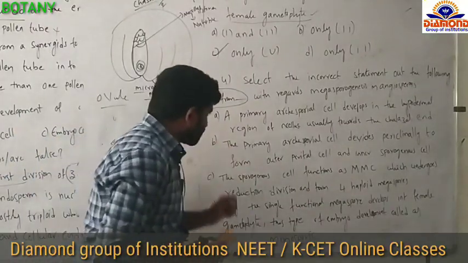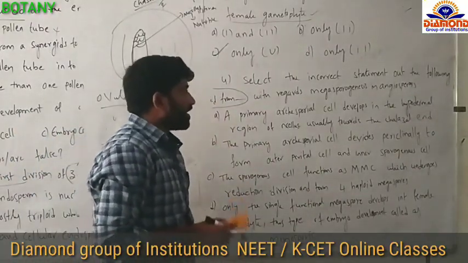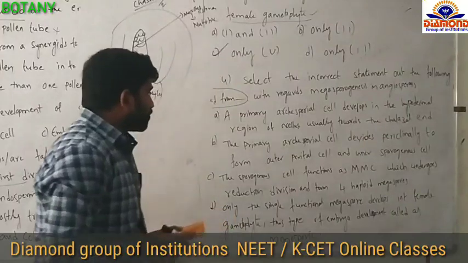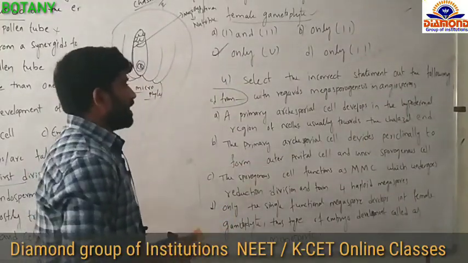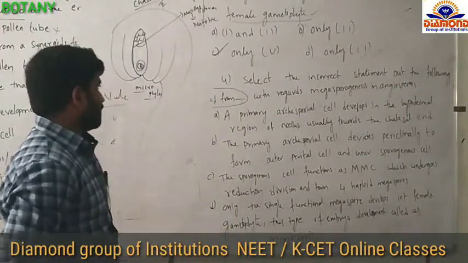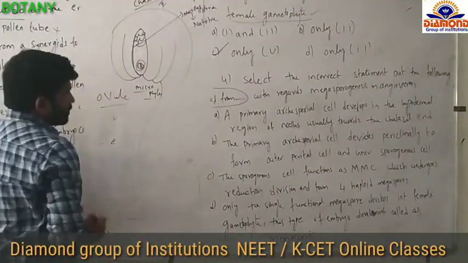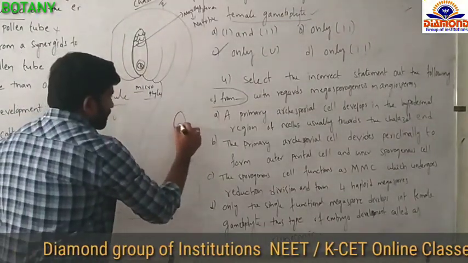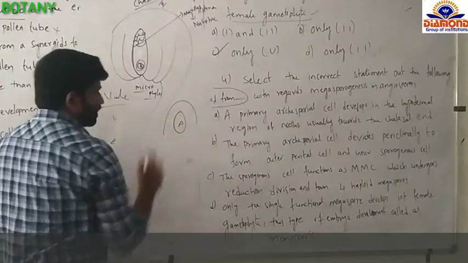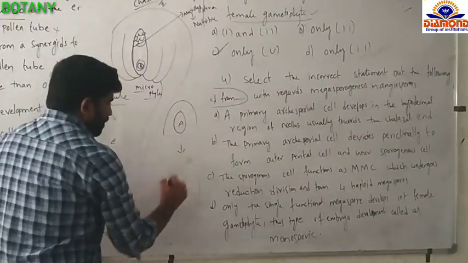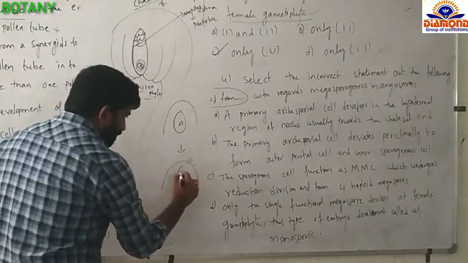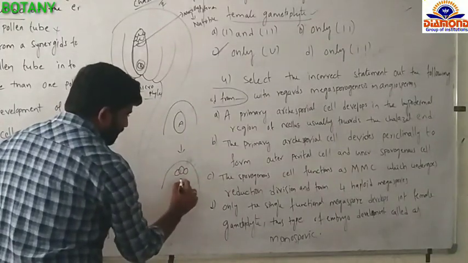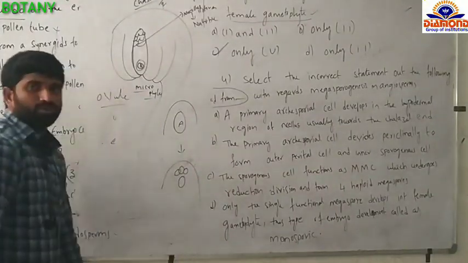Option B: the primary archesporial cell divides periclinally to form an outer parietal cell and an inner sporogenous cell. This is the archesporial cell. It can divide and form outer parietal cells and inner sporogenous cells.